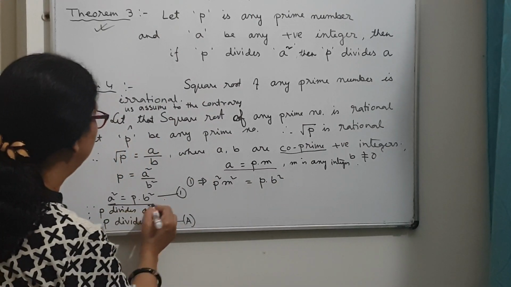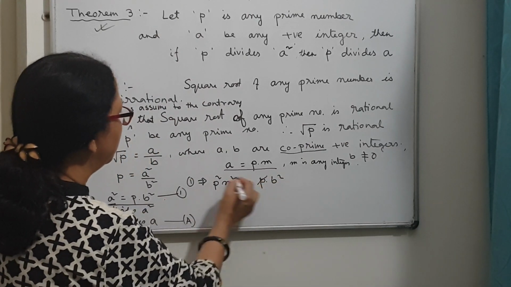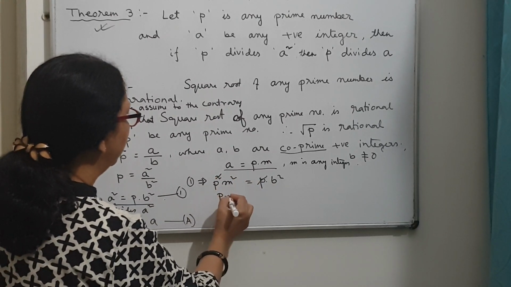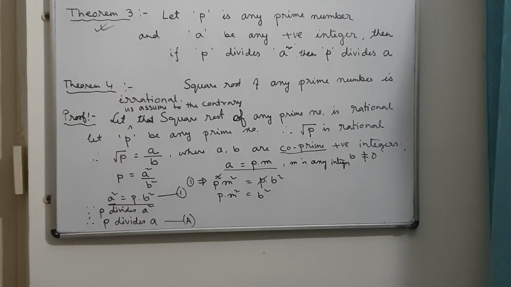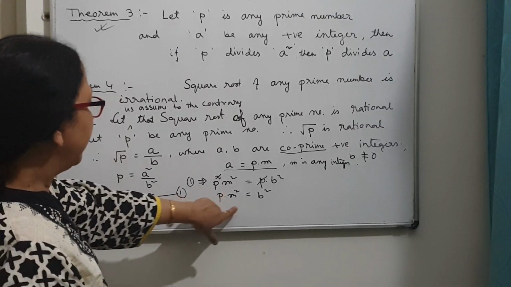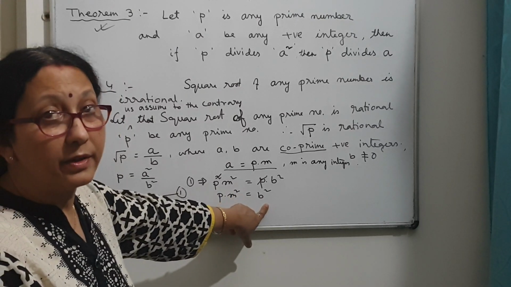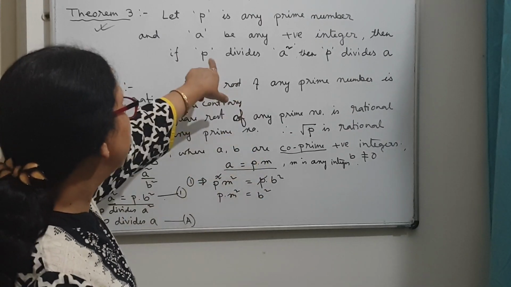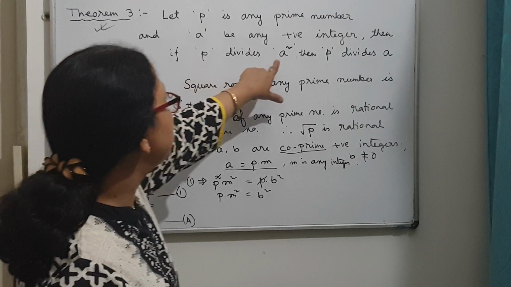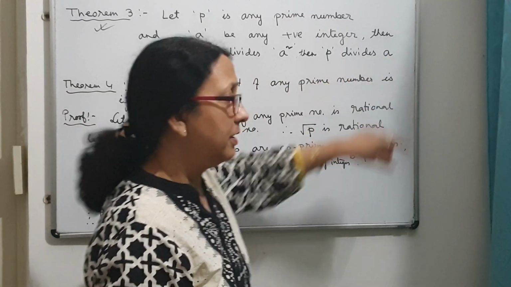This p gets cancelled, so p into m square is equal to b square. Here again p is a factor of b square. That means p divides b square.